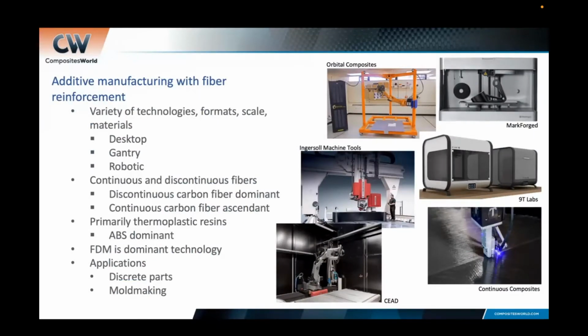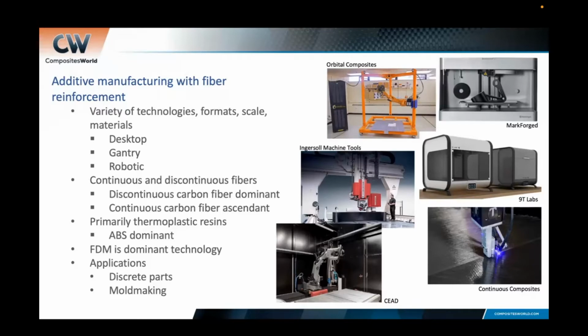Additive manufacturing in the last 10 years in the composites industry has evolved very rapidly. In this environment, we're talking about use of printable materials with fiber reinforcement. These manufacturing technologies have a variety of scales and formats and materials that they use.